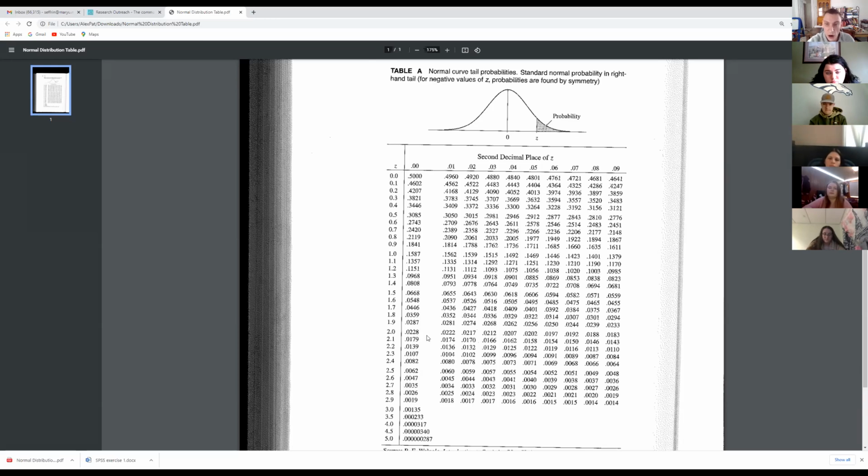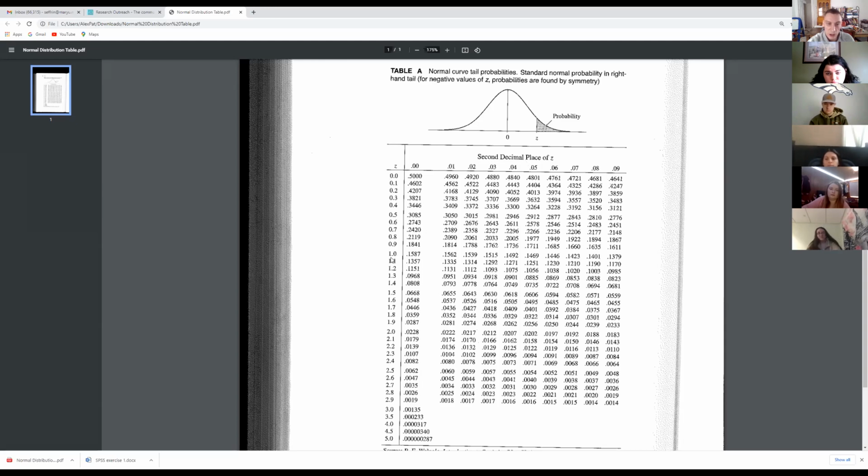Now, if I were to ask what proportion of the distribution would fall to the right of the z-score of 1, we would come down here and find the 1. This is the first whole number, here is the first number past the decimal, and then this gives you the second decimal place.